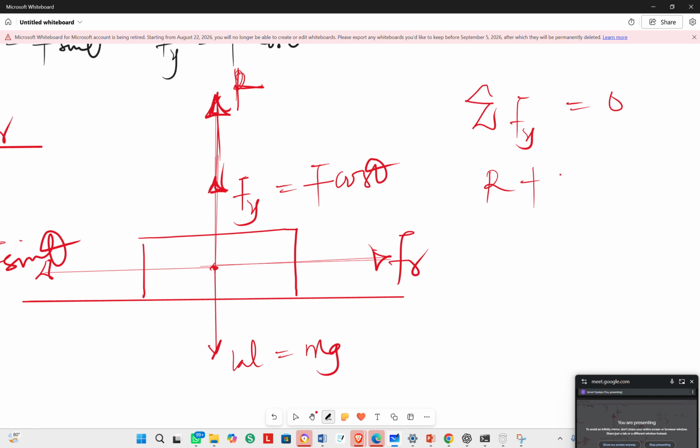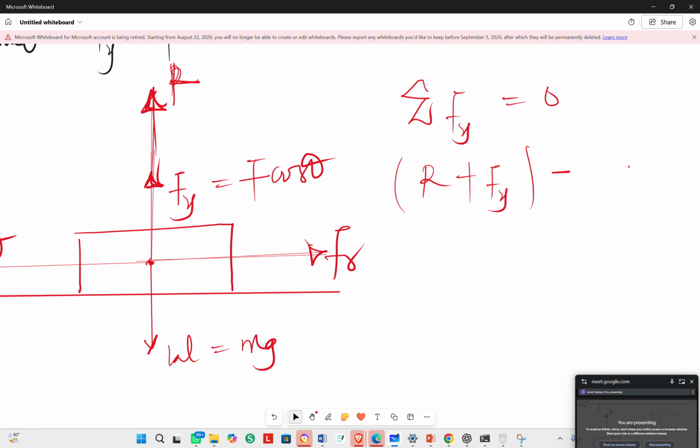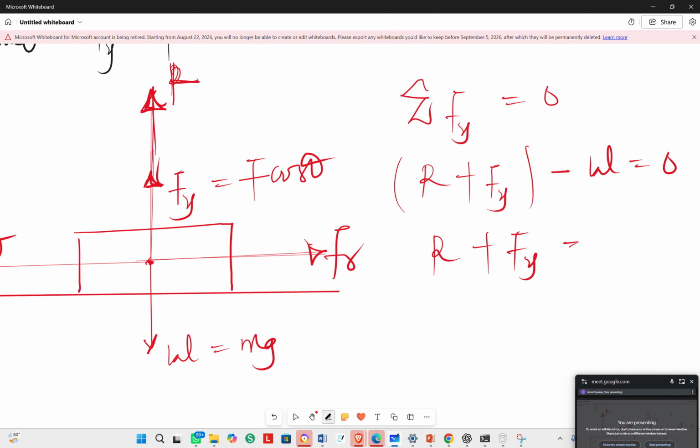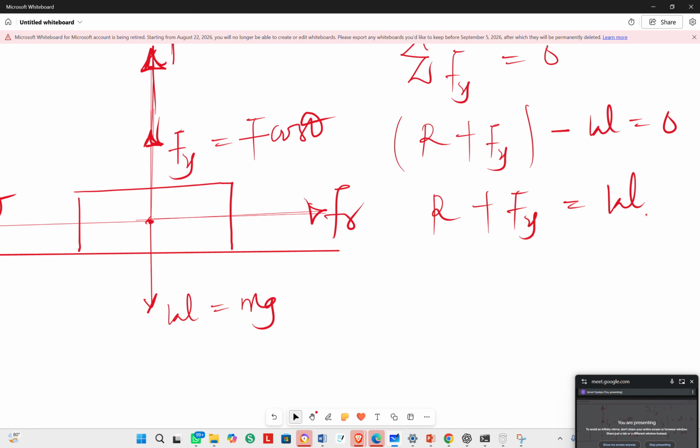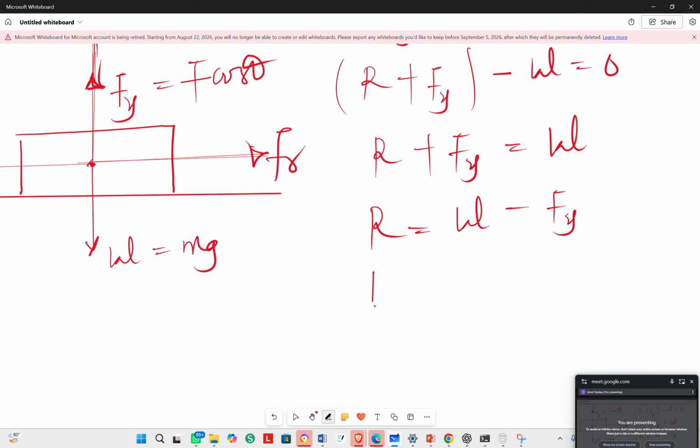You have R plus f of y minus the weight, W, on the negative axis, equals zero. Which means R plus f of y equals W. So R equals W minus f of y.